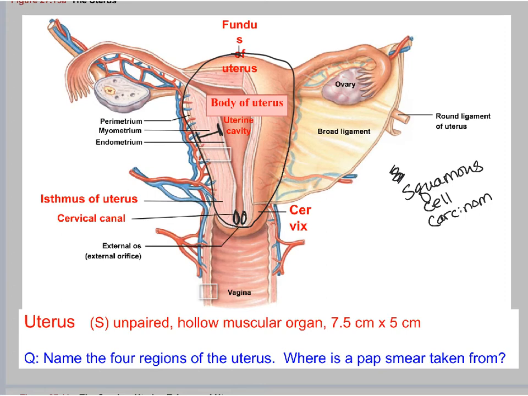Cervical cancer is a cancer of squamous cells, so it's what we call a squamous cell carcinoma. So the sample of the cells from the cervix during a Pap smear is taken from this region right here.